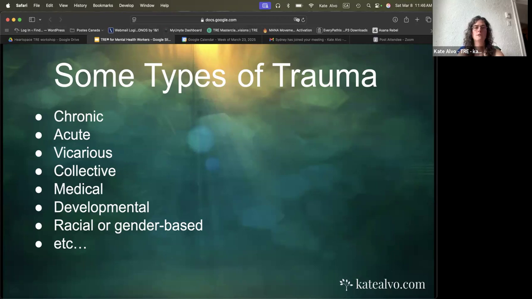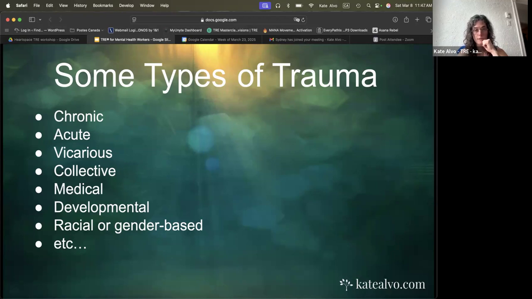Acute trauma is big T trauma, like war, sexual assault, some kind of violent thing, or maybe an accident. Vicarious trauma is important for us here. It's when we're hearing about other people's trauma constantly. Collective trauma is very relevant right now, always relevant, but particularly right now for you in the States.